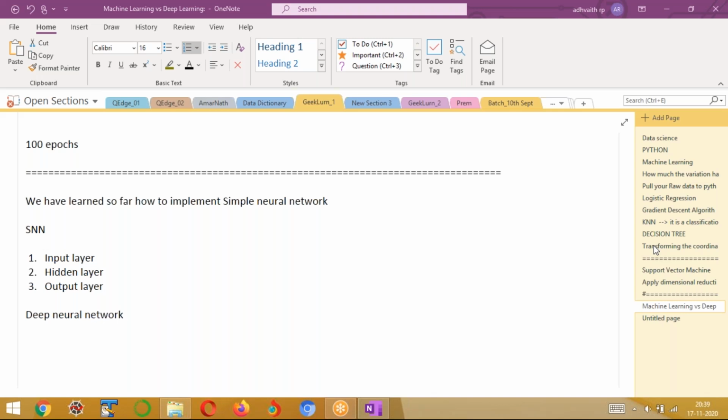So coming back, when I'm making 100 epochs or 1000 epochs or 10,000 epochs or 1 lakh epochs, maybe in some different example, you may not get the accuracy you expected. Maybe your accuracy is still at 80 or 70, and you are still fighting with the accuracy.